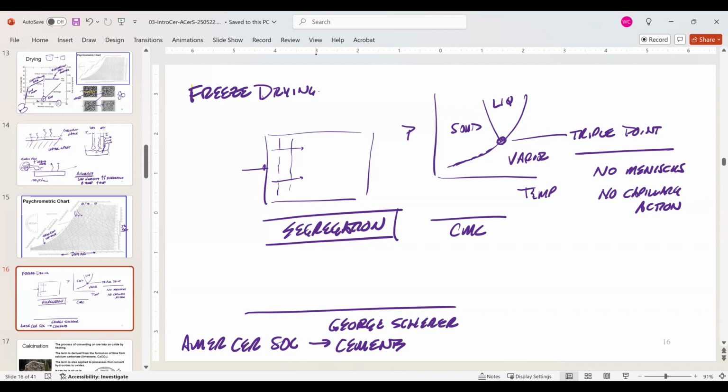What I'm wondering is, will smaller ice crystals produce tighter packing versus if we freeze at a higher temperature, like -10 versus -65? Will that then push those particles apart due to the expansion of the water?